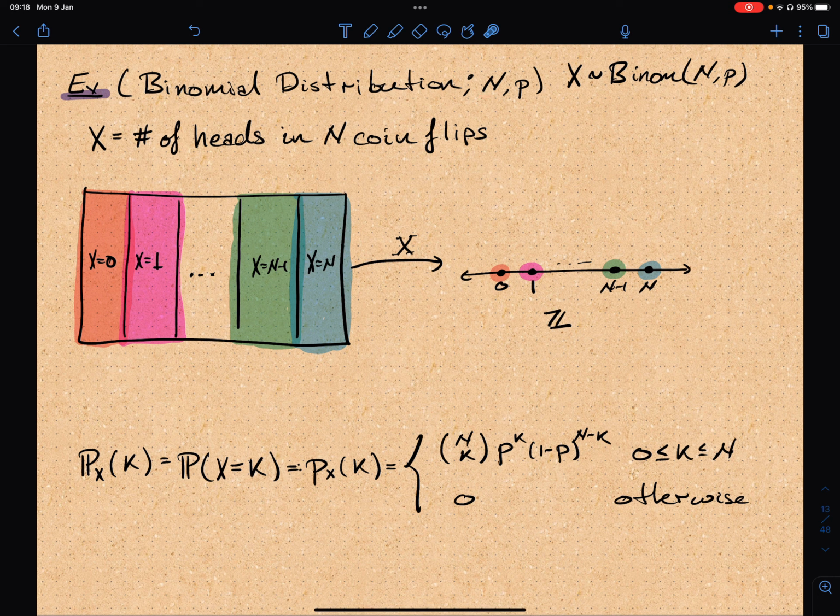And we have two parameters, n and p. And actually, I Wikipedia'd this. I forgot the way that people denote this, but in here, you'll see that if x has the binomial distribution, then it's going to be denoted by this, with this squiggly. And the interpretation of this random variable is that it's equal to the number of heads in n coin flips.